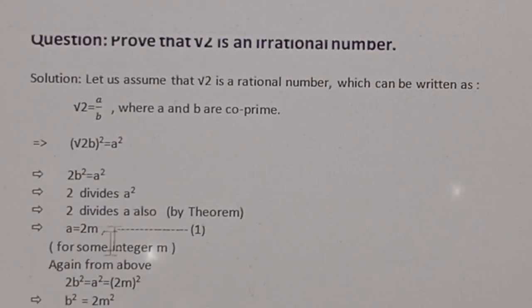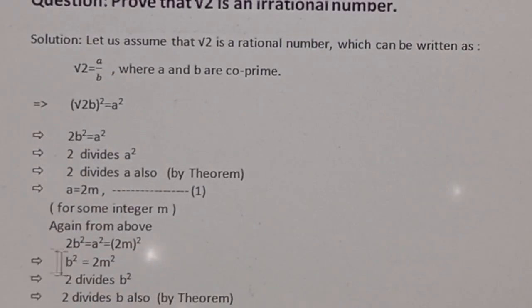Again, from above, 2b square equal to a square. Instead of a, we are putting this value. Okay, so twice m whole square implies b square equal to 2m square. These two cancel, and from these 2 to 1, 2 is cancelled, remaining 2m square.